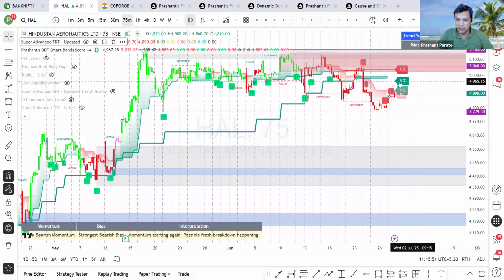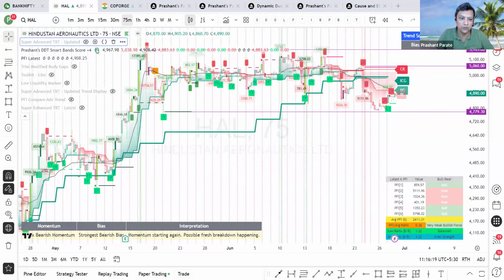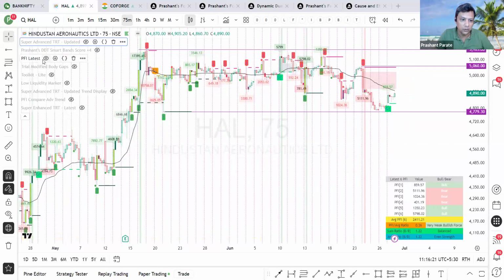Invisible chart green and invisible input green are both absent. ICG and IIG, both green lines, have disappeared. So it is in downward momentum, and DDT smart bands are showing bearishness, PFI is showing bearishness, and TRT is also showing bearishness. So yes, it definitely gives you a signal to sell. You can go short.